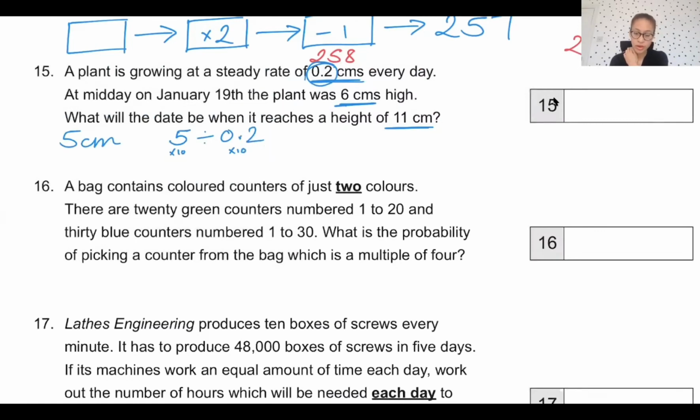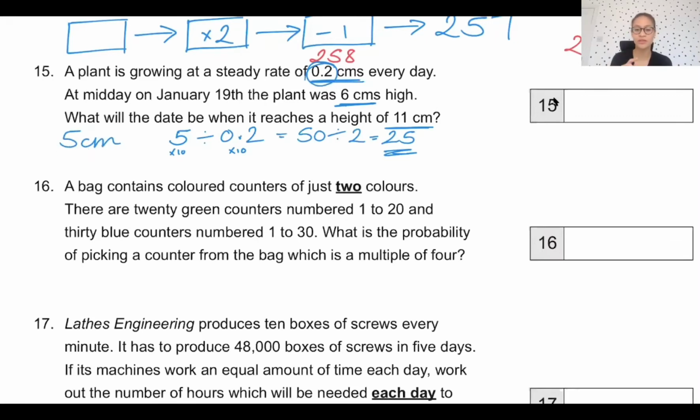So what would we get? 50 divided by 2 would be the calculation, and 50 divided by 2 is 25. So it takes 25 days for the plant to grow 5 centimeters. So 25 days at a rate of 0.2 is how long it takes to grow 5 centimeters taller.